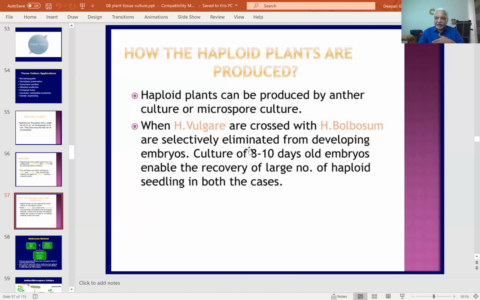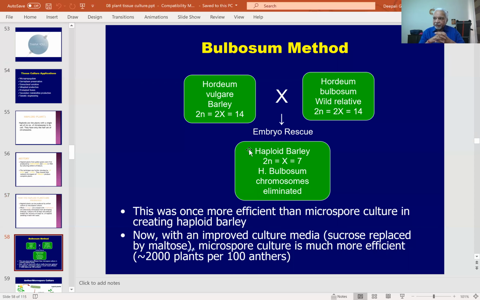It won't grow into seeds. But if you take out this embryo and rescue it in vitro by culture, then it is possible to generate haploid plants. So this was another alternative method of producing haploids experimentally first.